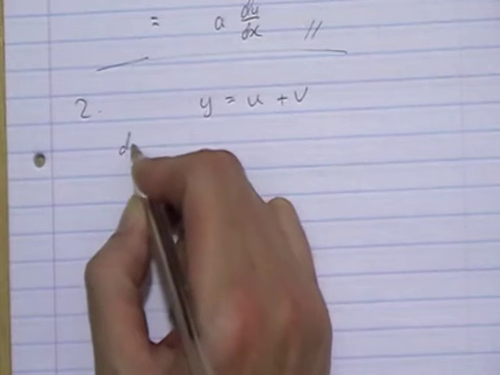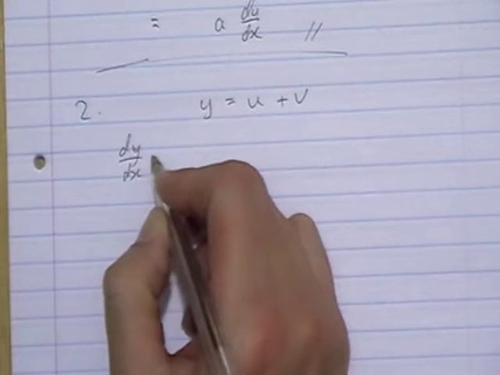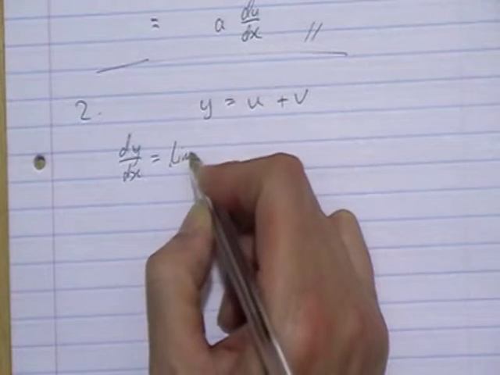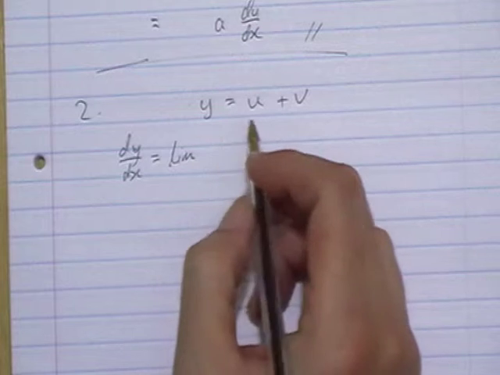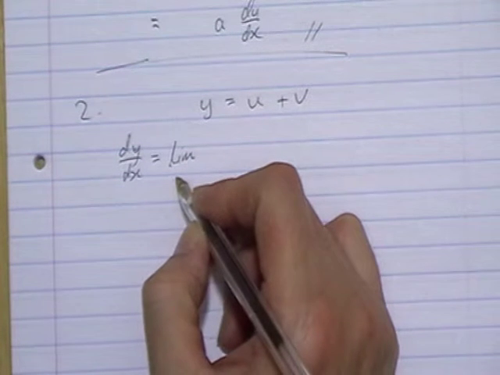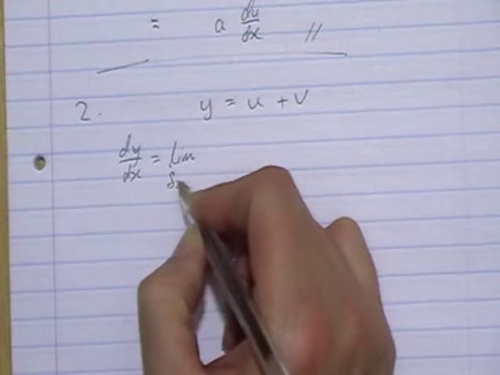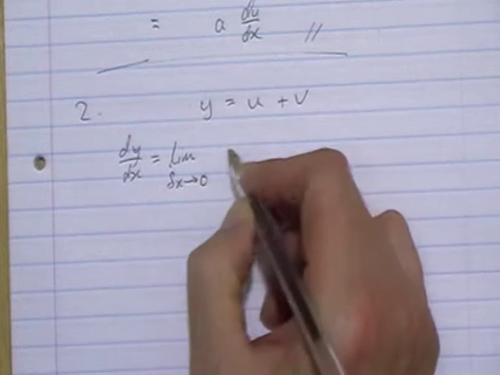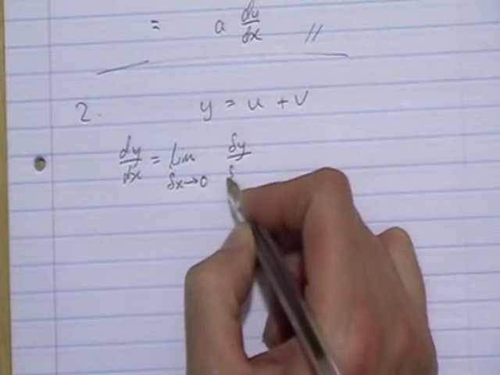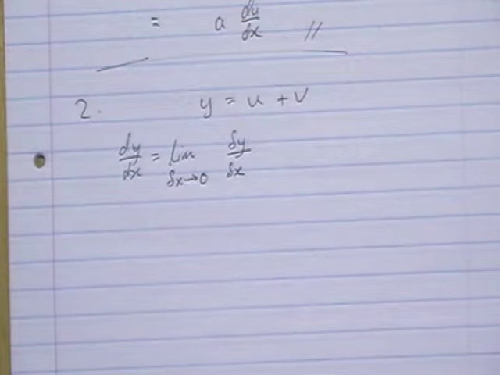We start from the definition again. This is the limit as delta x tends to 0 of delta y by delta x.